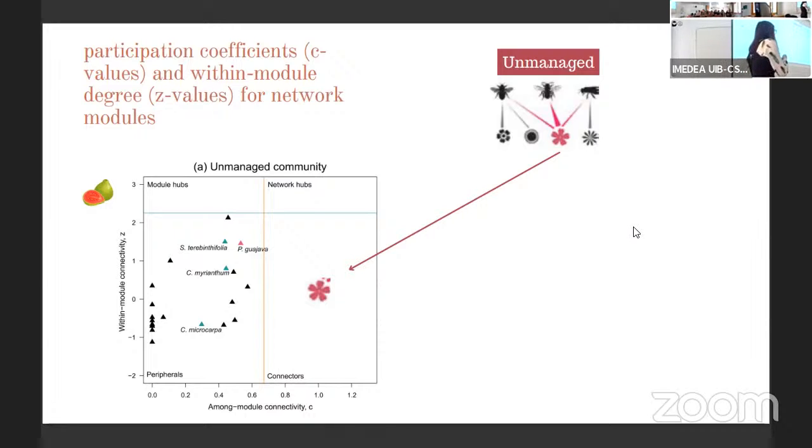So if we have this situation, we expected to have this situation: guava should be here, acting as a connector. So we have two modules. We expected that the invasive species would be connecting the modules, acting as a connector, but we didn't find it. Guava is here, acting as a peripheral.